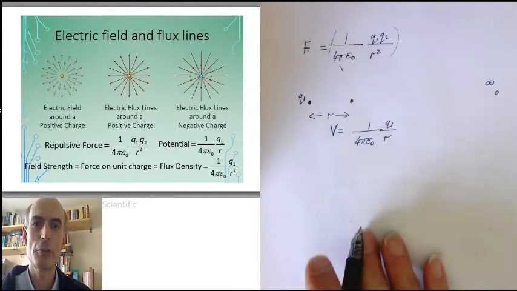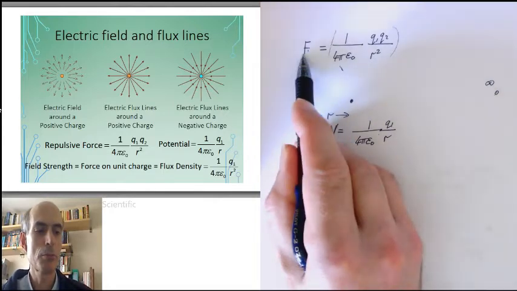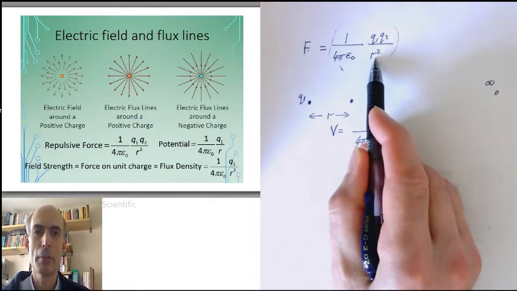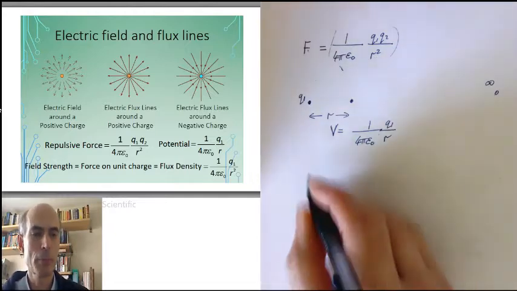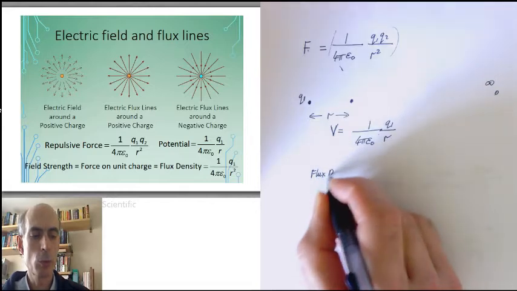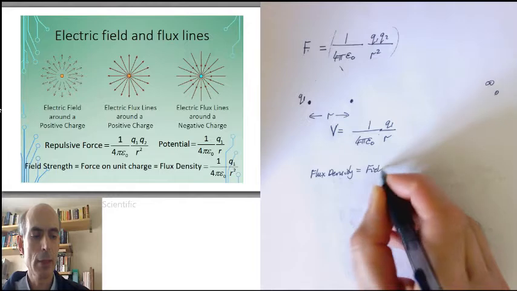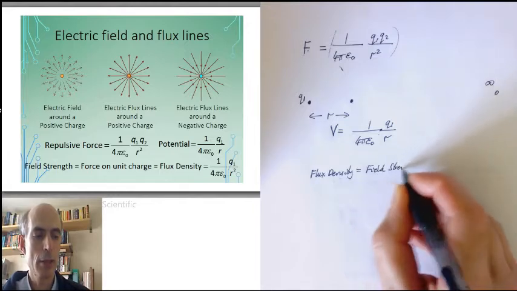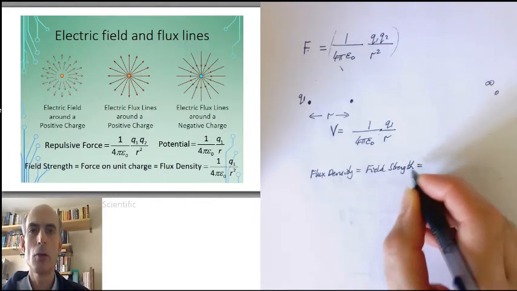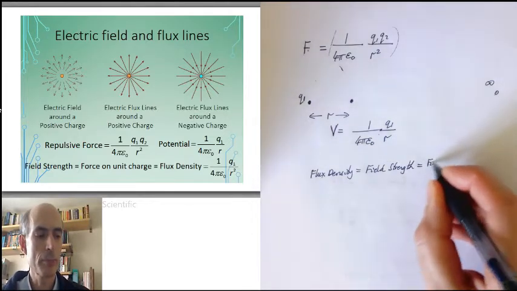We can use the concept of flux for electrical fields as well, because the field strength is proportional to 1 over r squared. It's an inverse square law, so we can use the concept of flux. Now, the flux density is equal to the field strength. And the field strength is the force on a unit, in this case, a unit charge.